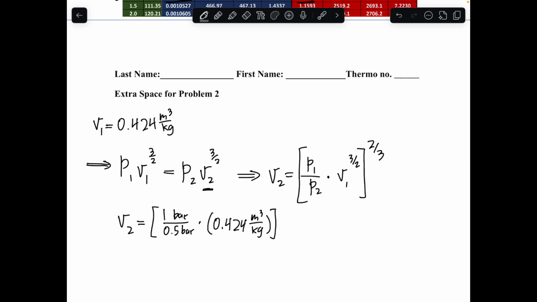And then, that's raised to the 3/2. And then everything is raised to the 2/3. And if you evaluate that in your calculator, you should get V2 is equal to 0.673 meters cubed per kilogram, or at least something close to that.